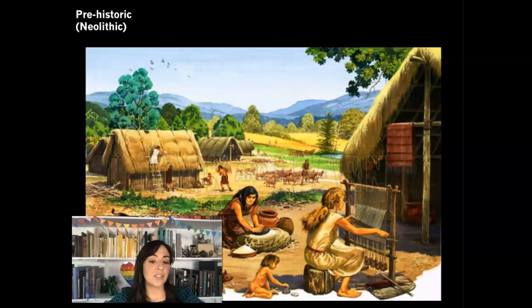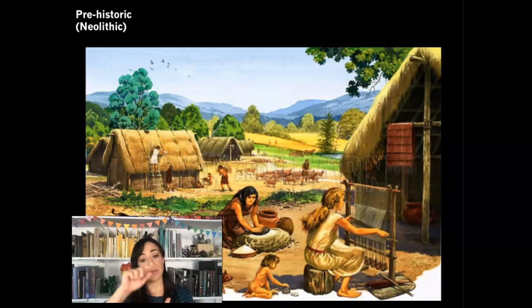In terms of art, we start to see the development of things like textiles and pottery. We see greater, more elaborate, more intricate craftsmanship. Why? Because not for everybody, but for many humans around the world, what we see is a settling of spaces.